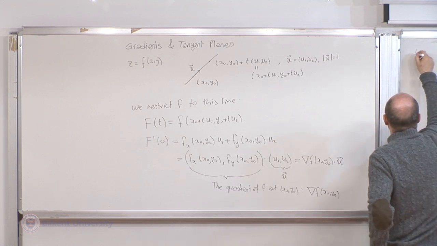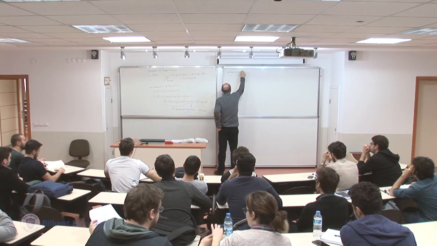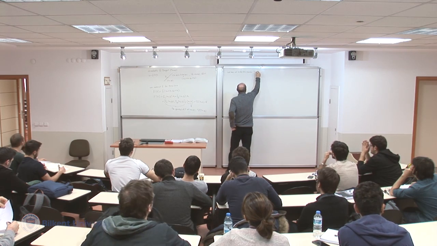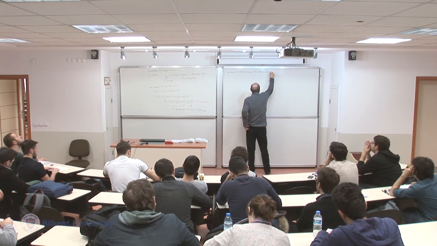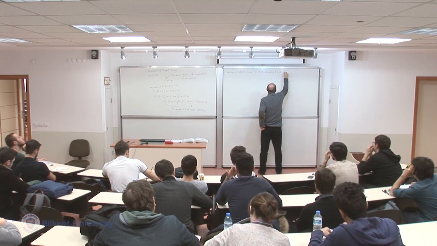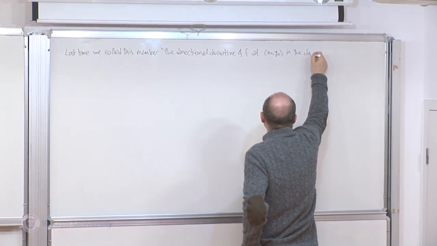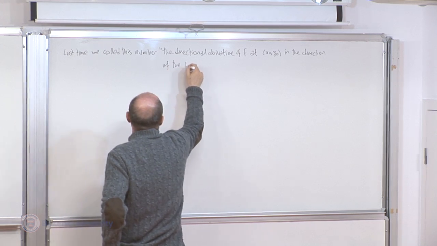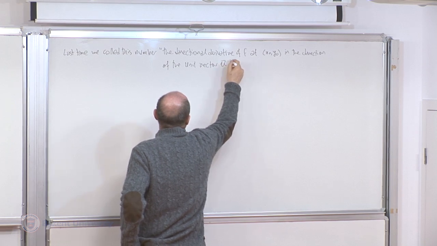So last time we called this number the directional derivative of f at x sub 0, y sub 0 in the direction of the unit vector u.